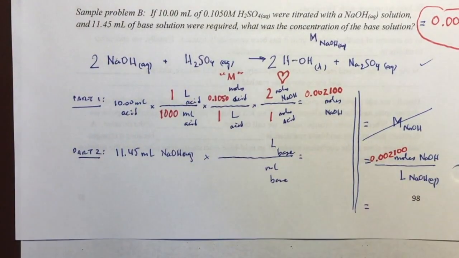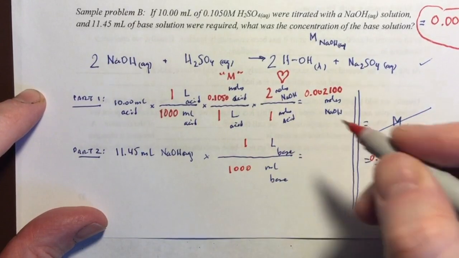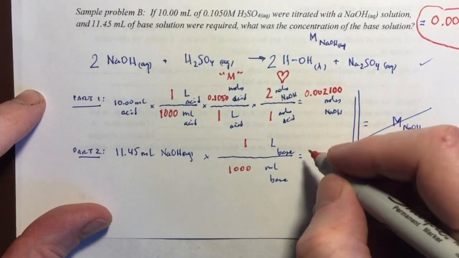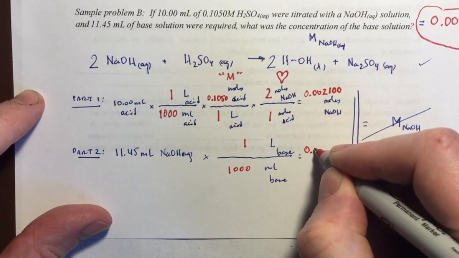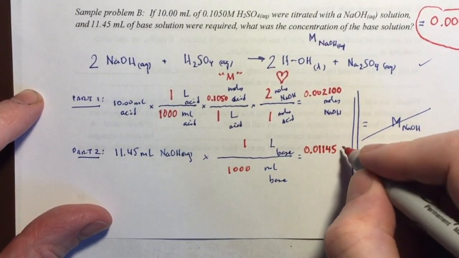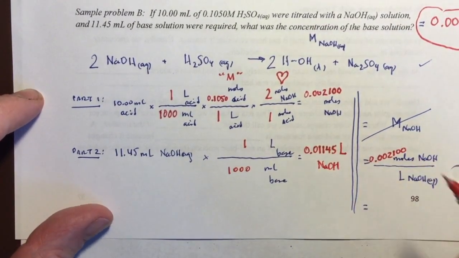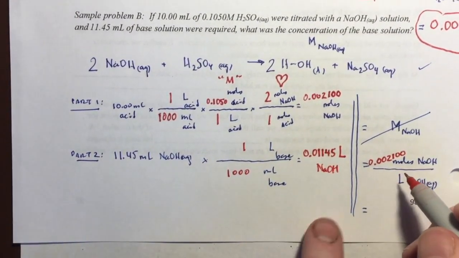And of course I have 1,000 milliliters to 1 liter. And that's going to give me an answer of 0.01145 liters of the sodium hydroxide. So I know what goes down here in my denominator.